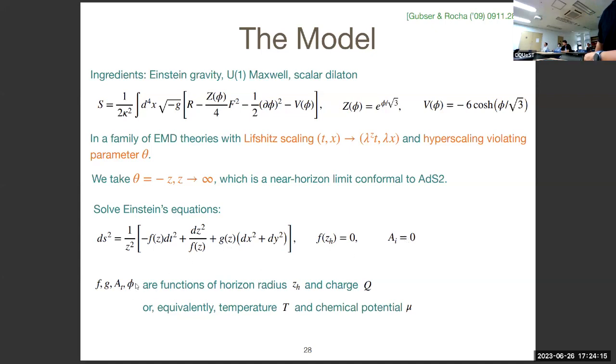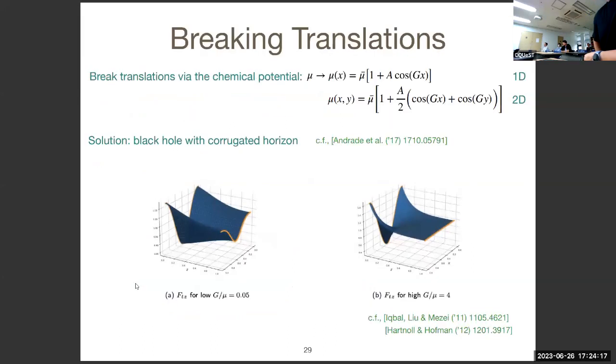That's some complicated couple of differential equations. I just do it. That's the part where we discretize space-time, plug this whole mess into a differential operator solver, and then ask for a solution. And then to break translations, to make this problem even harder, we add in a chemical potential that is sort of cosine varying.